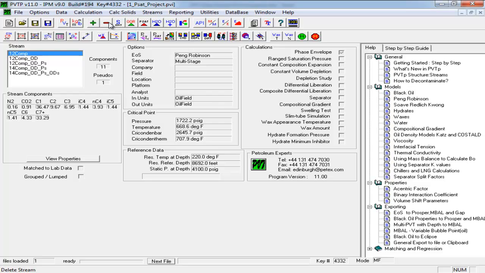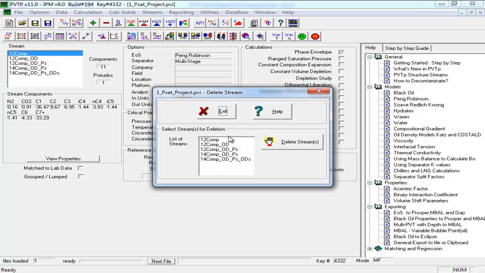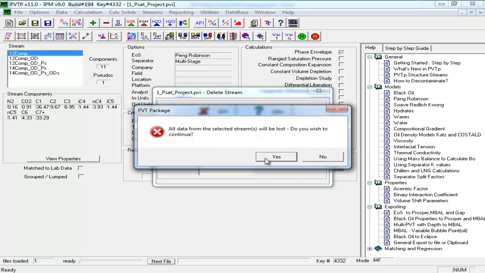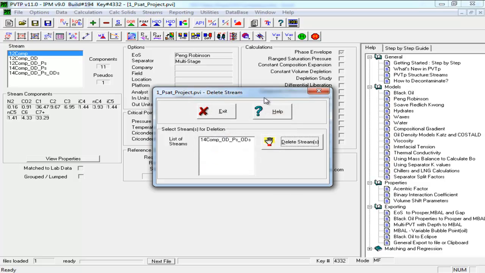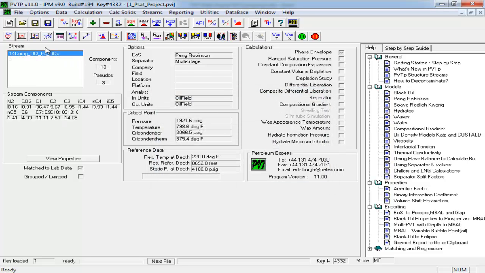How can we delete? I think it's easy from here. Just select.